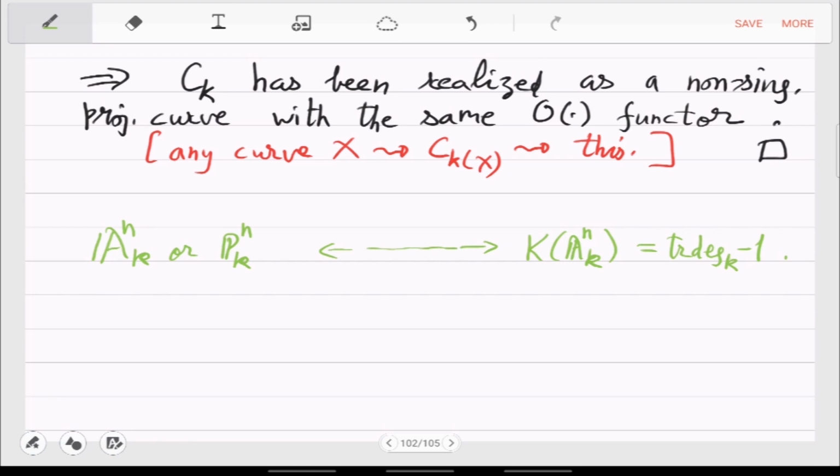So what we have seen is non-singular points, right. So non-singular points, you can go from a non-singular point to a DVR.